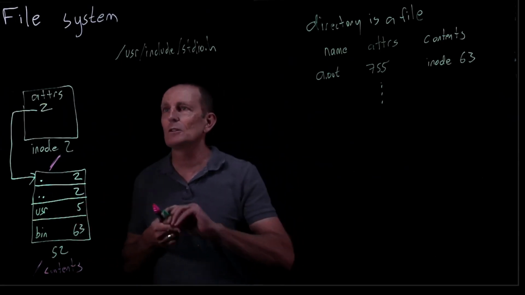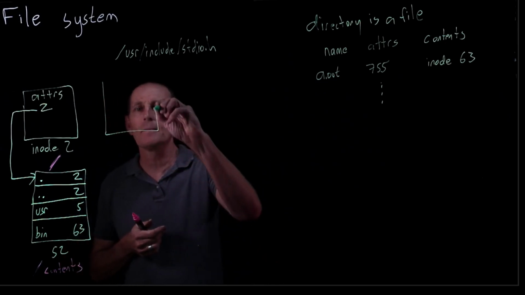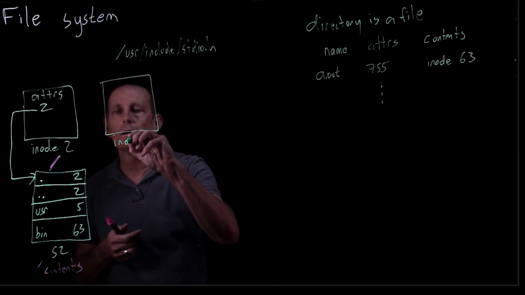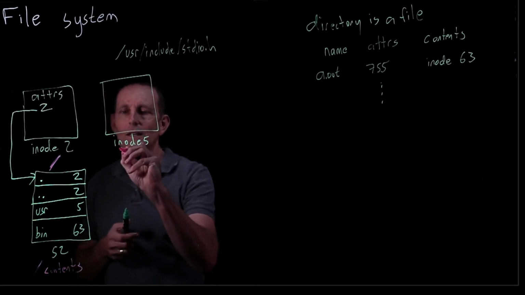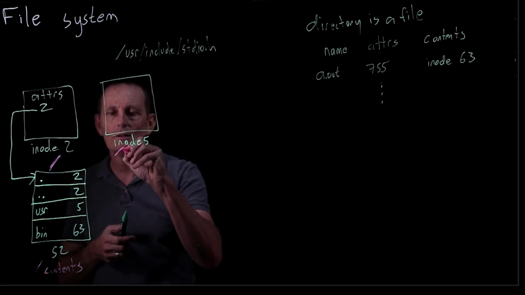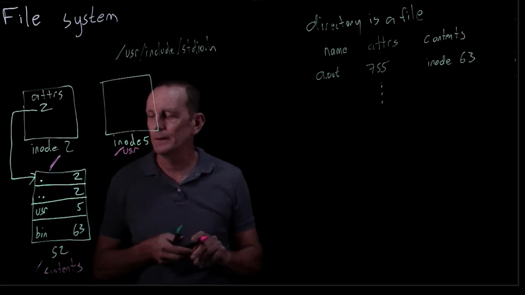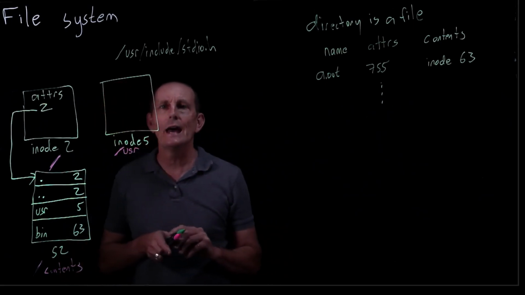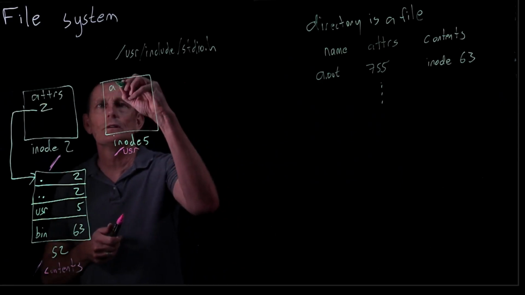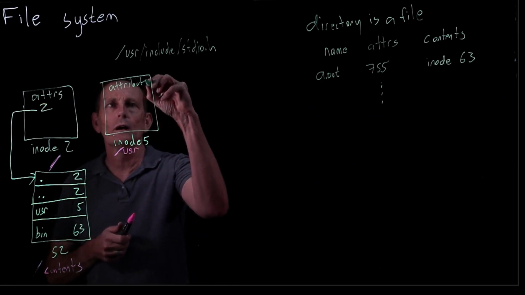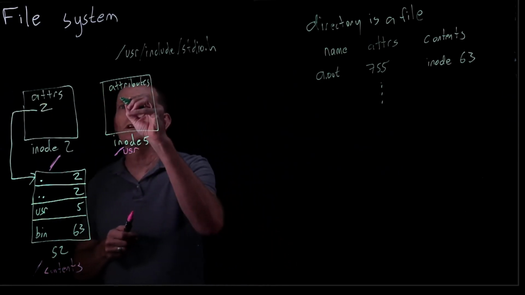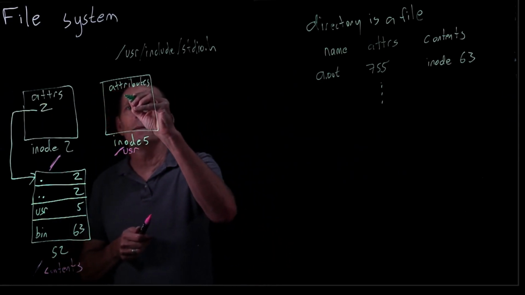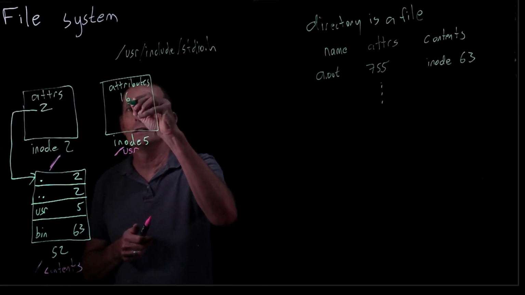User is going to be inode 5, so we're going to go look at inode 5. We again have attributes, and so this is slash user. Let's say user is not a very big directory, and so we only have a single block number here. So we're going to have 16.